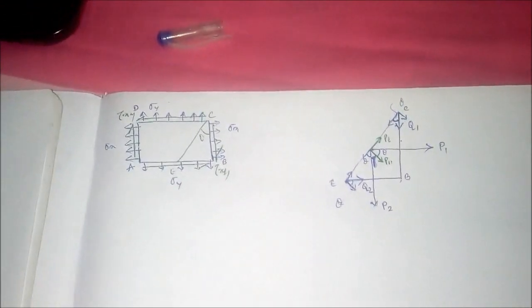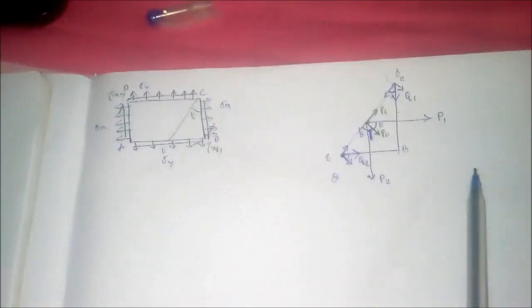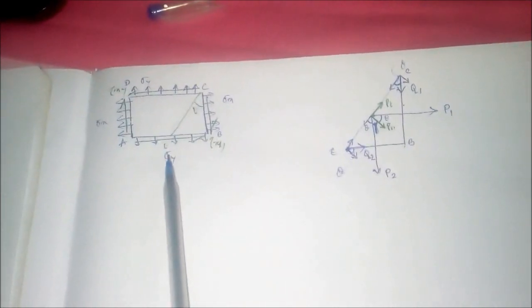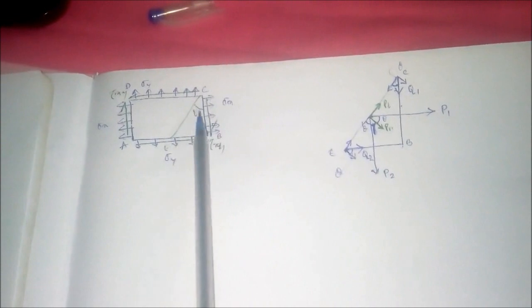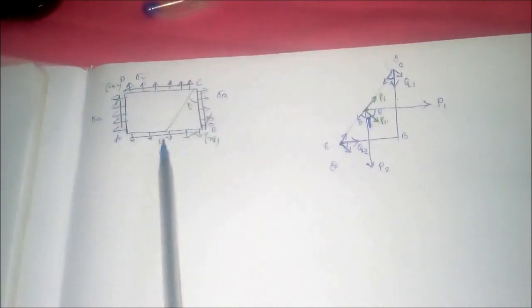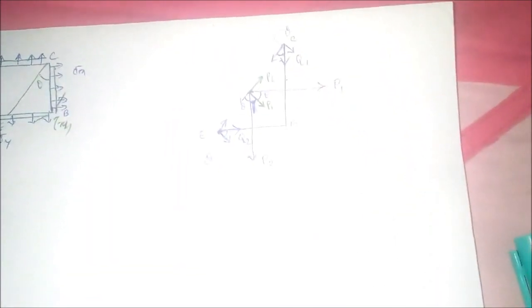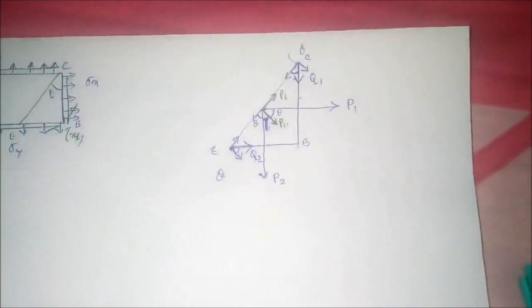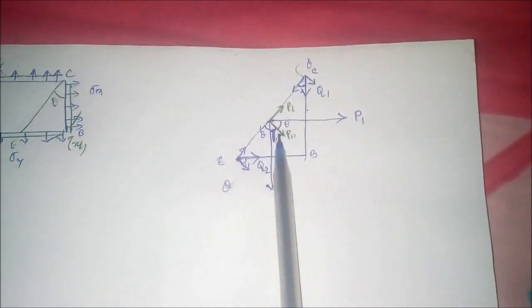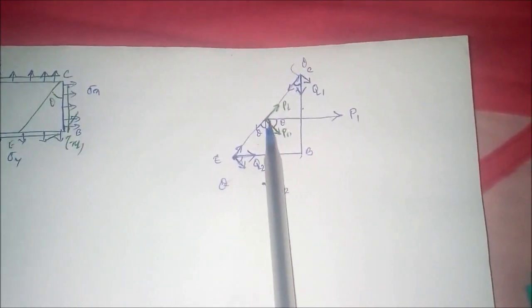So what will happen in this case? What will happen to this EC section which is at theta degree angle? We have taken this triangle over there, and we will try to find out the direct, normal and shear stresses on this particular plane, right?